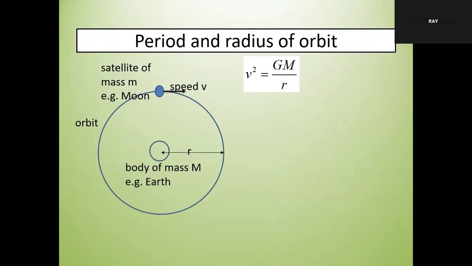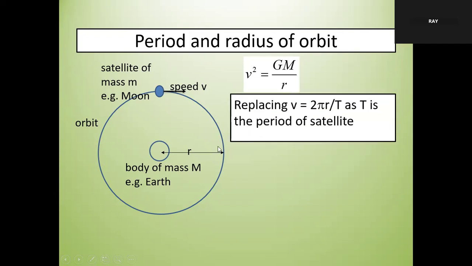Now we are going to derive the relationship between T and r, where T is the period. Same setup, capital mass M, small mass m, for example the moon. Now we replace v equals 2 pi r over T. Square it: 4 pi squared r squared over T squared equals GM over r.